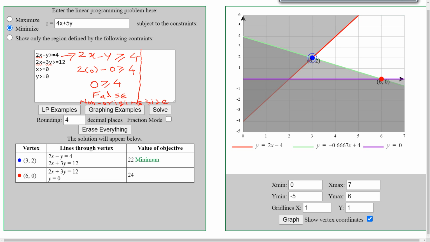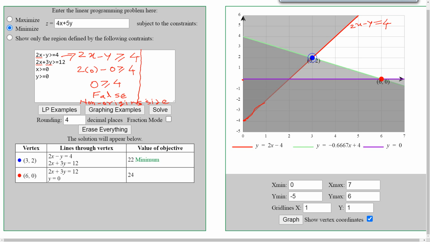So the first line, 2x minus y is greater or equal to 4. This is the line, 2x minus y is equal to 4. It is represented in red color here. And we have to shade the non-origin side.